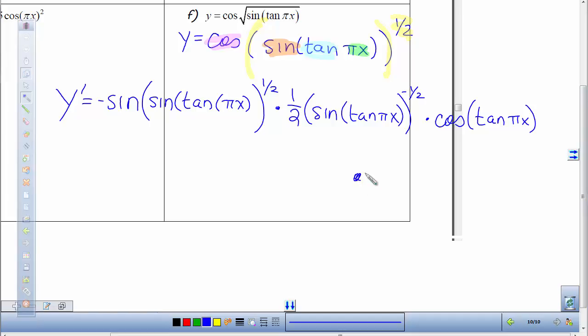The derivative of tangent is secant squared. Is that right? Of pi x. And then finally, the derivative of pi x is what? Pi.